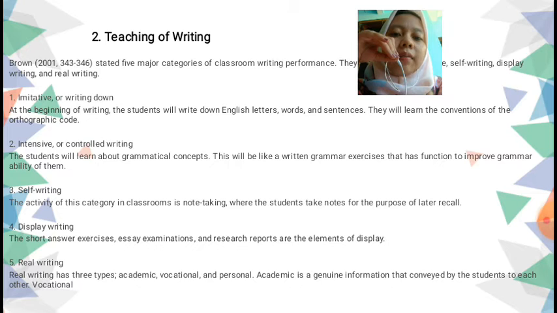Display writing. The short answer exercise, essay examination, and research reports are the elements of display. Real writing. Real writing has three types: academic, vocational, and personal. Academic is genuine information that is conveyed by the students to each other. Vocational.